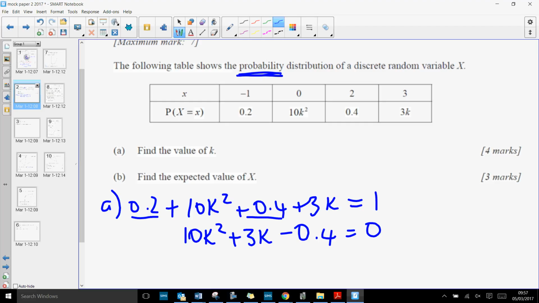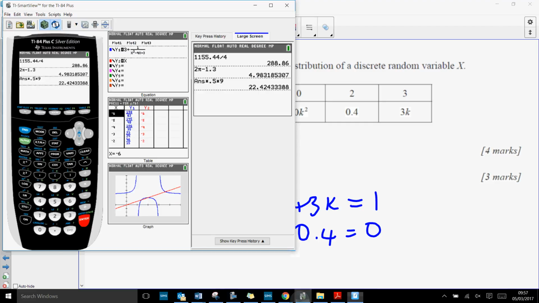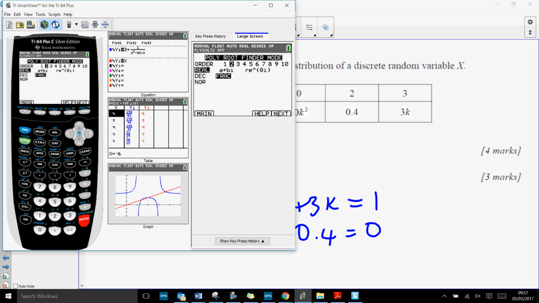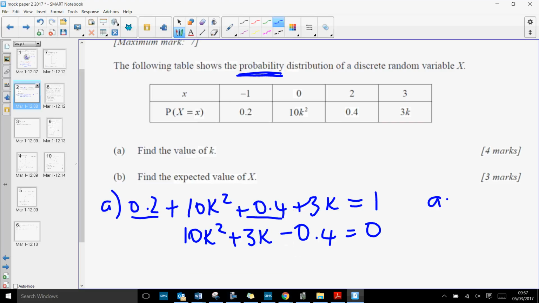It's a calculator paper, so we don't need to stress. We just use Polysmalt. And A is 10, B is 3, and C is negative 0.4.